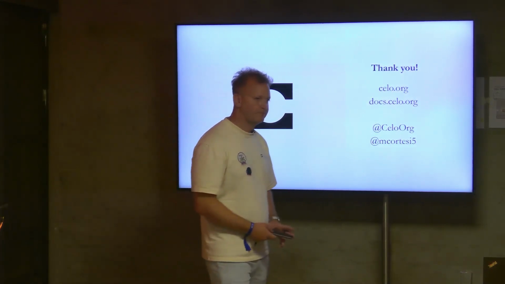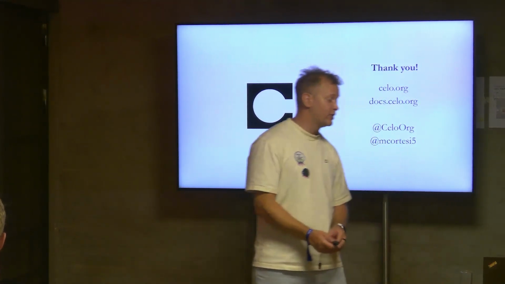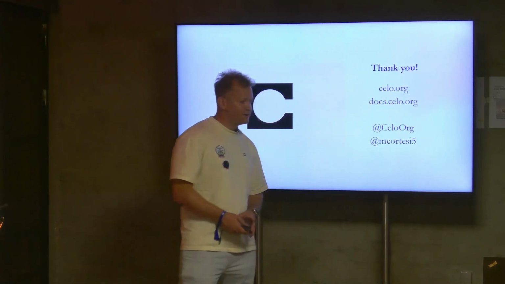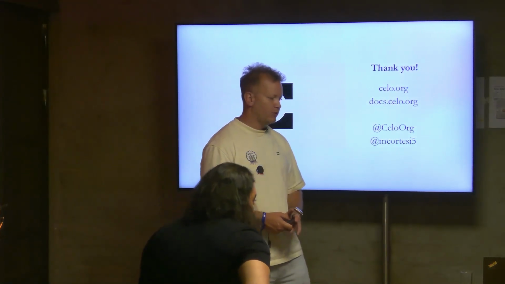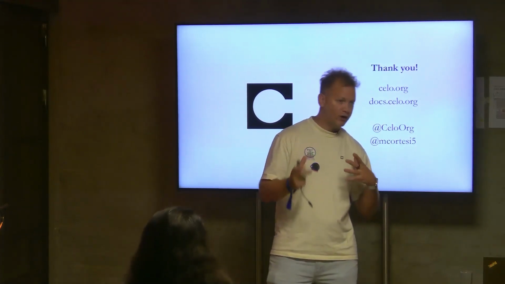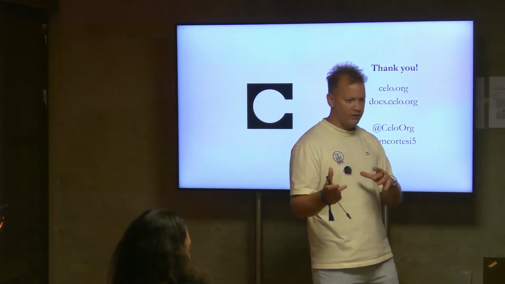I'm just wondering what was the biggest motivation to move from an L1 to an L2? Great question. I have my personal view on the subject. If you are a chain, you might be an EVM chain or a non-EVM chain.